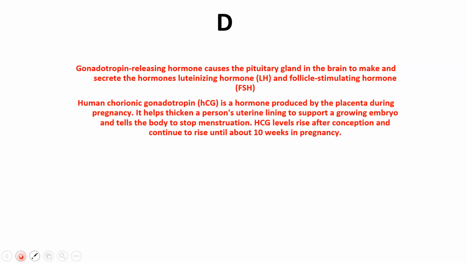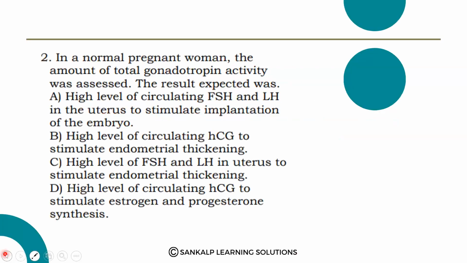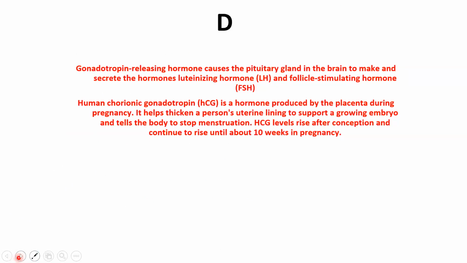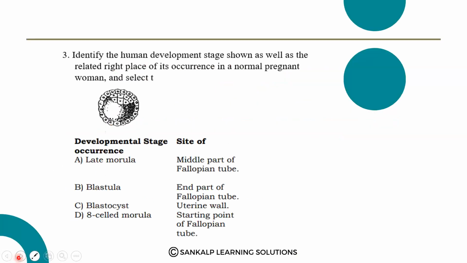It helps to thicken the uterine lining to support the growing embryo and tells the body to stop the menstruation cycle. HCG levels rise after conception, that is after the fusion of the male gamete with the female gamete, and rise until about 10 weeks in pregnancy. So option D, high level of HCG stimulates estrogen and progesterone synthesis, is the right answer, guys. Next question.